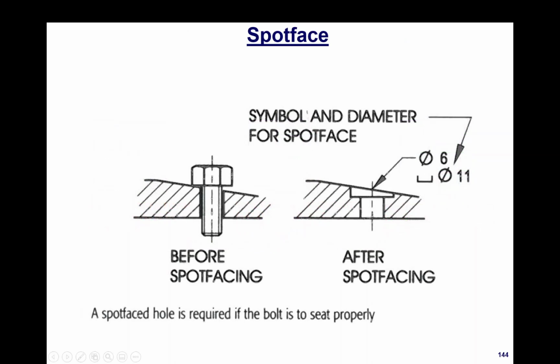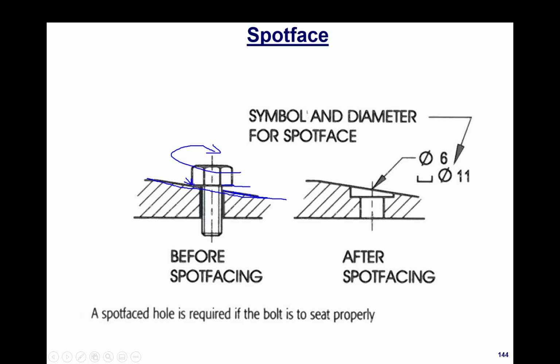So this could be a bearing housing or a casting, and the one on the left is the casting before it's been spot faced. The problem here: do you see this gap between the bolt head and this angled surface? If I go to tighten this bolt down, the bolt's going to make contact on this side.